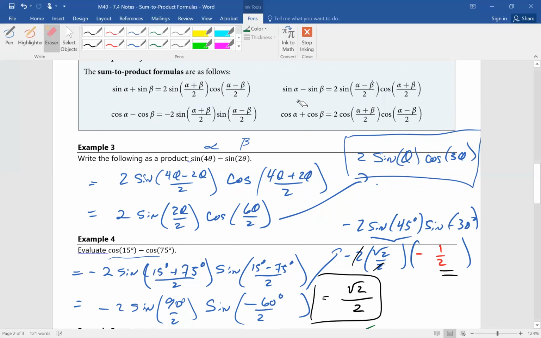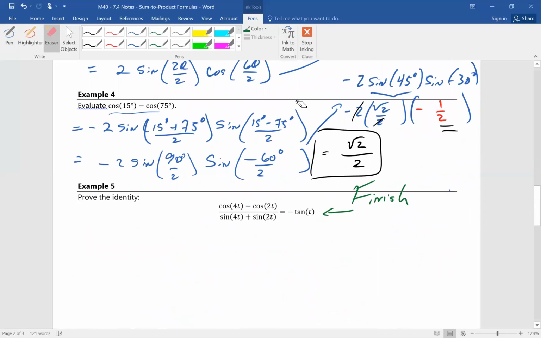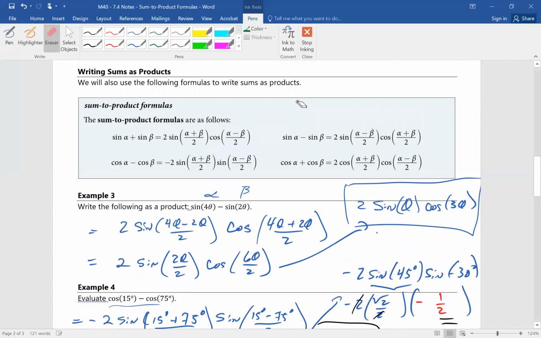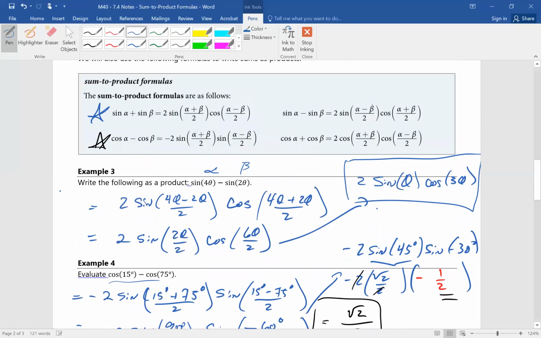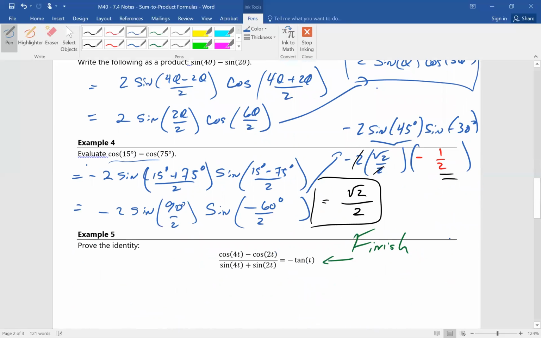And then on the bottom, so you have cosine minus cosine on the top, and sine plus sine on the bottom. So you're going to use this one on the top, and this one on the bottom. Got it? So there's a difference on the top and a plus on the bottom. Go for it. Pause the video, and when you return, I'll help you.